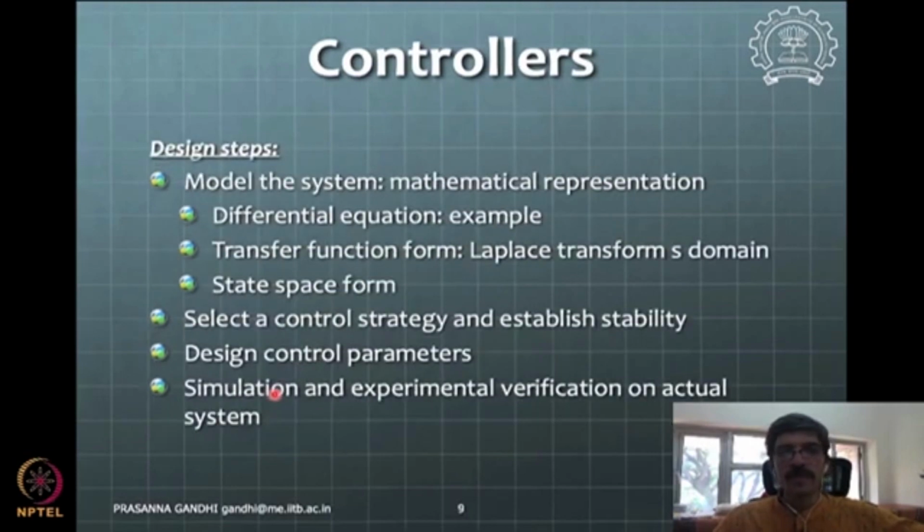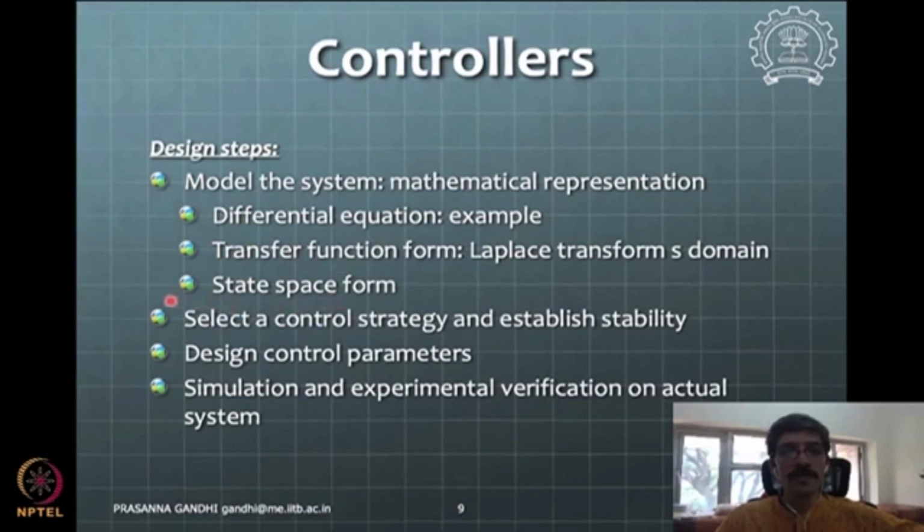Now the main design steps that you would consider for development of controllers: basically modeling the system, which we have already done, and then representing that model in one of these forms, either differential equation form or transfer function form or state space form.